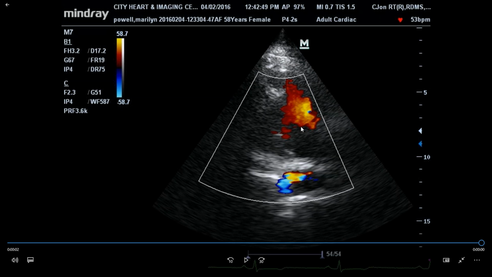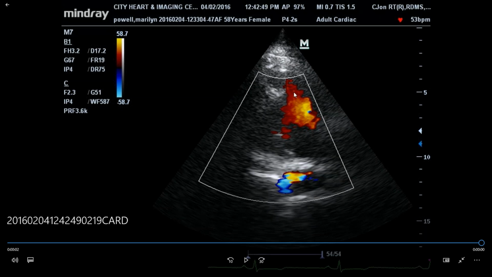The color flow will tell you about flow, so if a flow is abnormal, you can see it. Flow towards the transducer is going to be in varying shades of red. Flow away from the transducer is going to be in varying shades of blue.